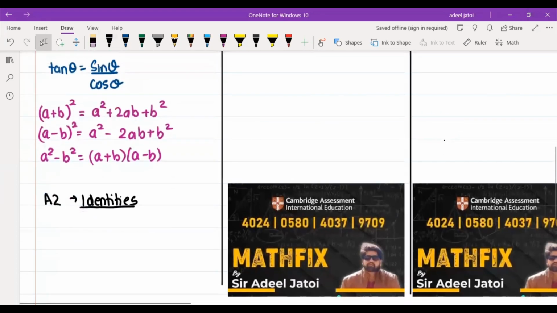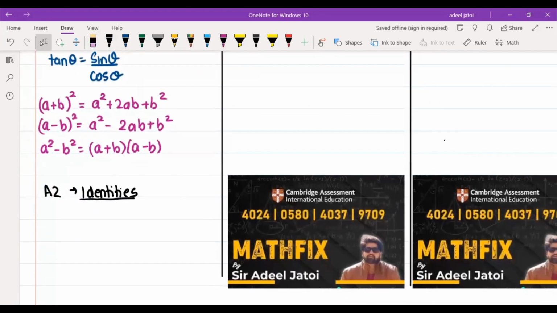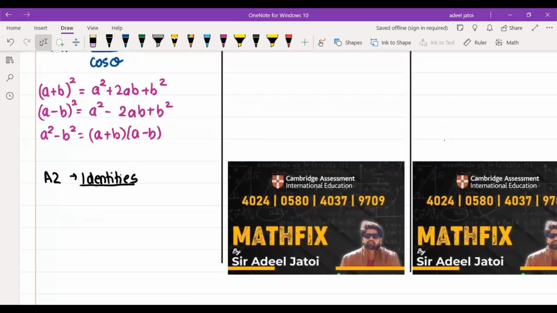Now, the first A2 identity that you should be aware of is the reciprocal of sine theta. 1 upon sine theta is known as cosec theta.